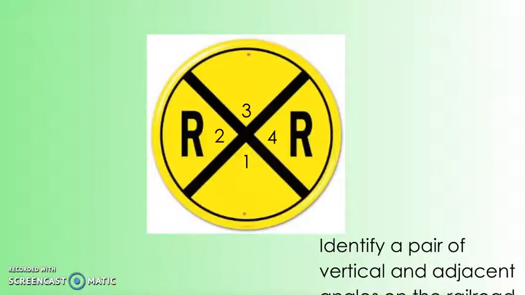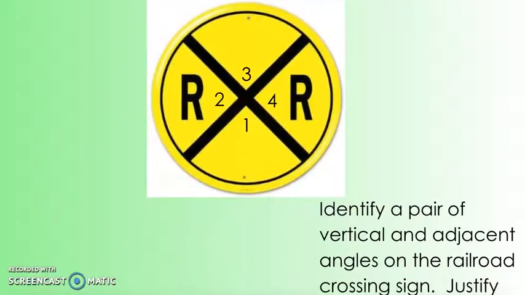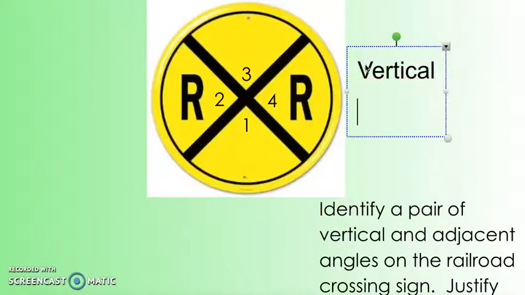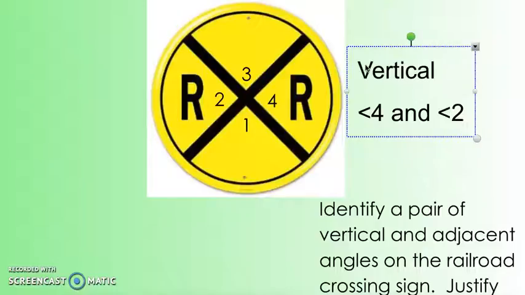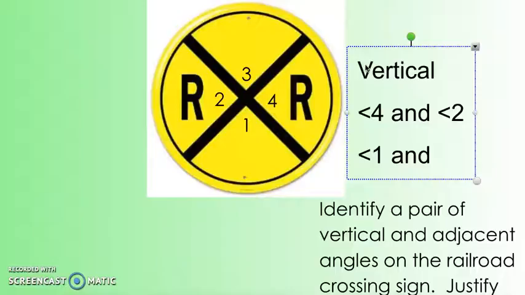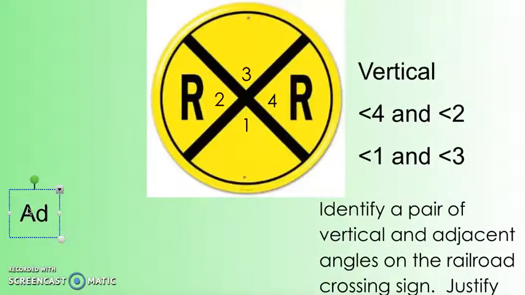So if I asked you to identify a pair of vertical angles, which angles would you tell me? Yep, angle 4 and angle 2, as well as angle 1 and angle 3. Nice job. How about if I asked you to give me neighbors, adjacent angles?